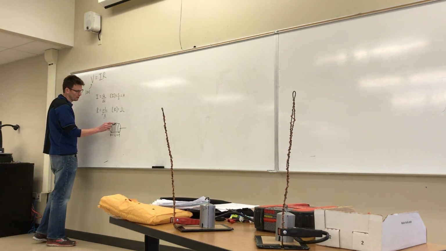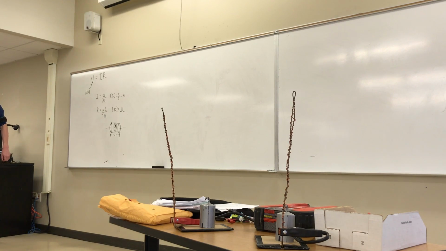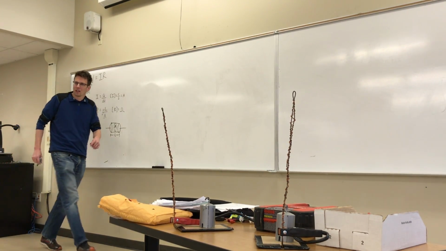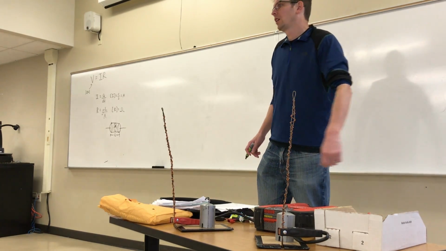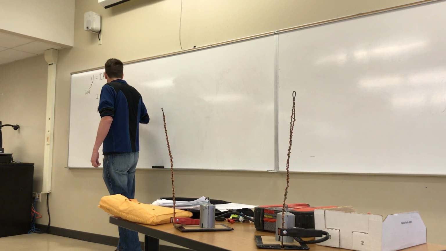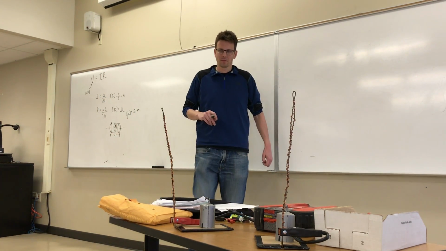It depends on the cross-sectional area that the flow has to go across. And then the final variable there is rho, not to be confused with the charge per unit volume, which is what we've been using it for in homeworks 1 through 4. But this is called the resistivity. It's measured in ohm meters.